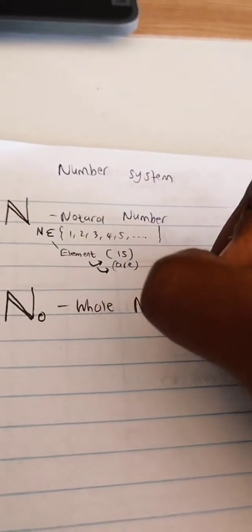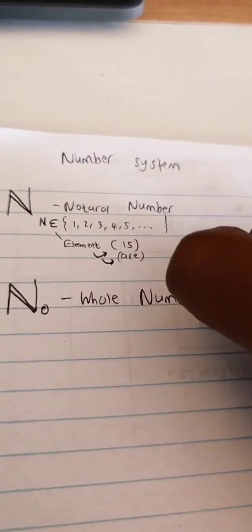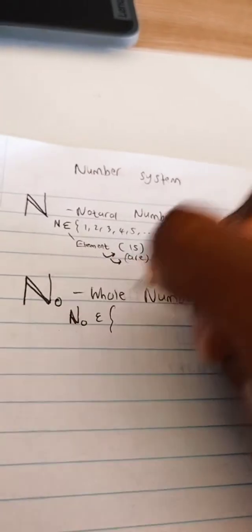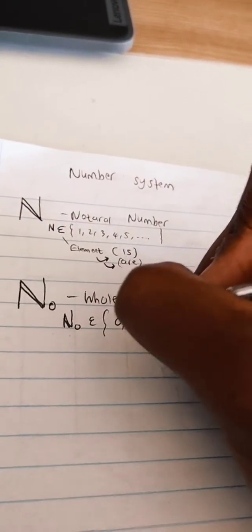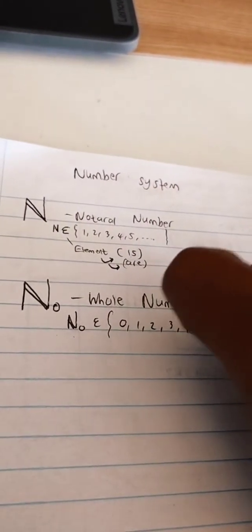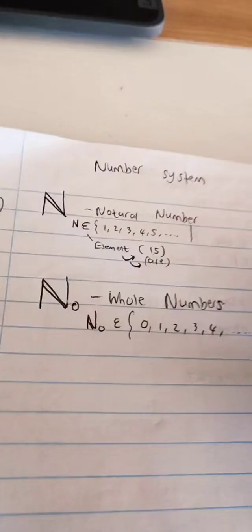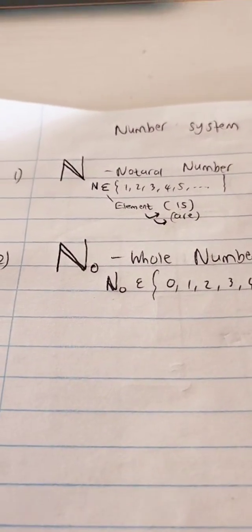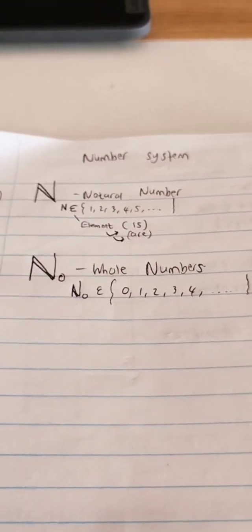And all we know and appreciate about that is that unlike natural numbers, whole numbers start from 0, increase by 1 all the way to infinity.